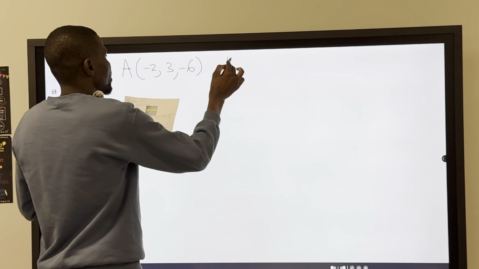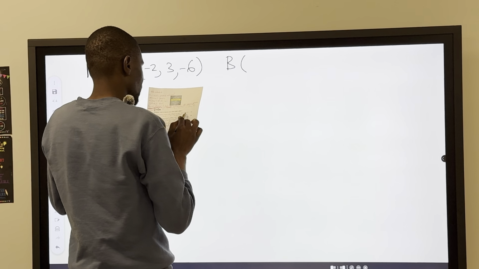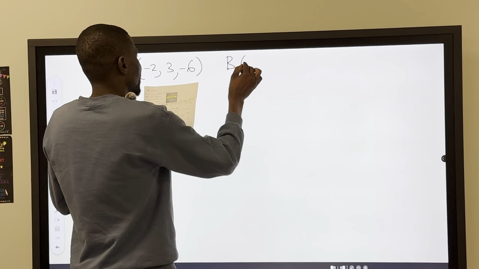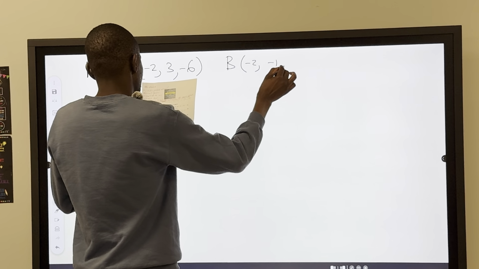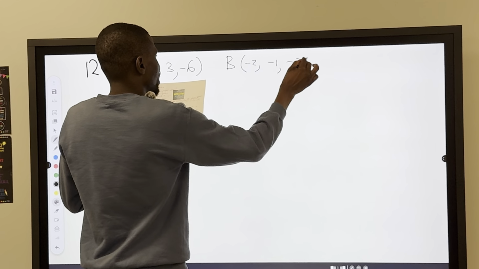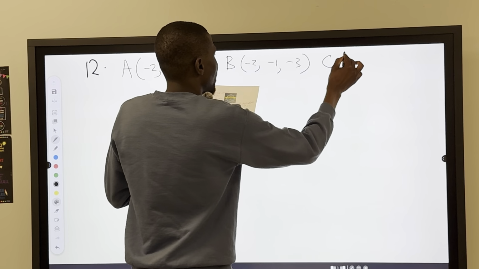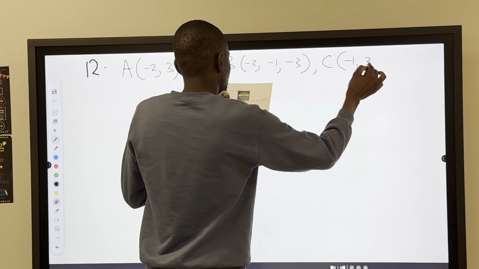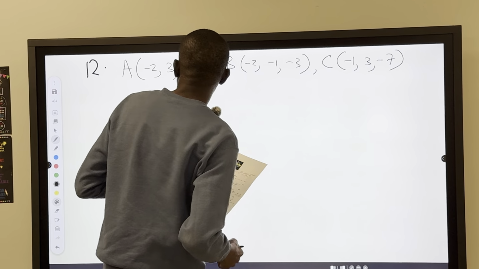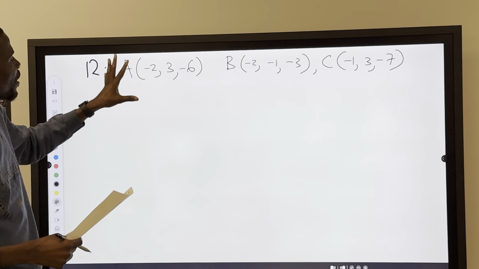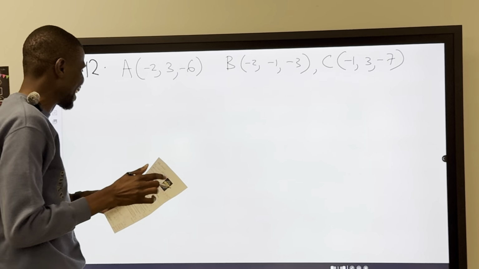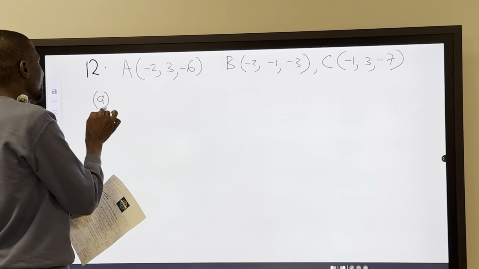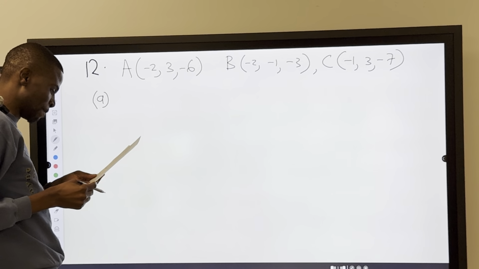Then for B, I have -2, -1, and -3. Then for C, I have -1, 3, and -7. Okay, so now that I have these points, on part A we are looking for the distance between village A and village B.